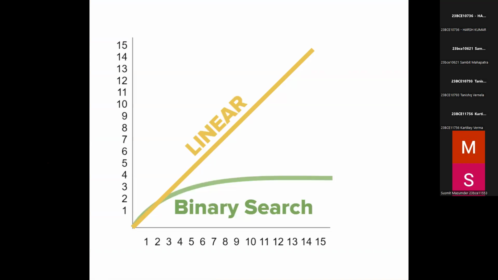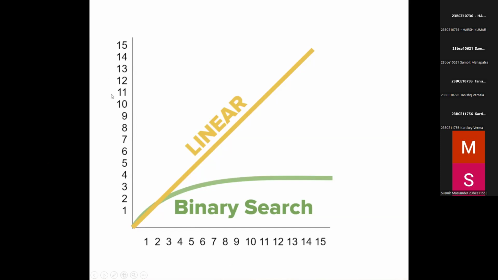Can anybody explain what is this diagram? Anyhow, we are comparing linear search and binary search. The binary search runtime is mentioned in green color. Linear search runtime is mentioned in yellow color. The x-axis represents the number of inputs, that is n value, number of elements in the array.